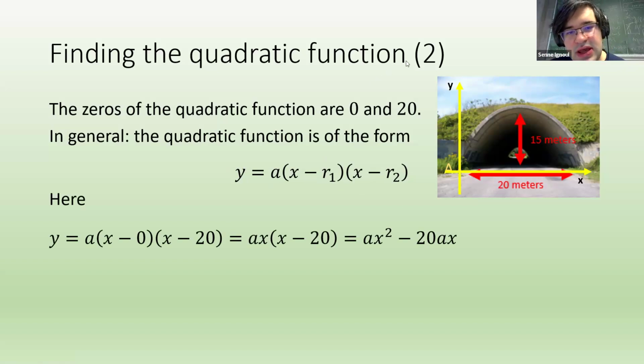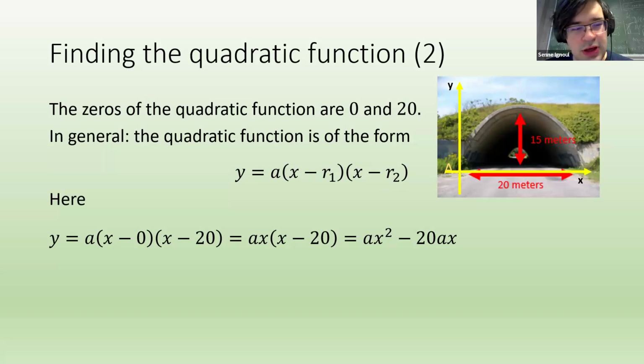How do we know this? If we plug in R1 or R2, we get y equals 0. If you plug in R1 here, you get A times 0 times this, which is 0. And if R2 is 20, then you get A times this times 0, which is 0. So R1 and R2 are precisely your zero values, or your roots.